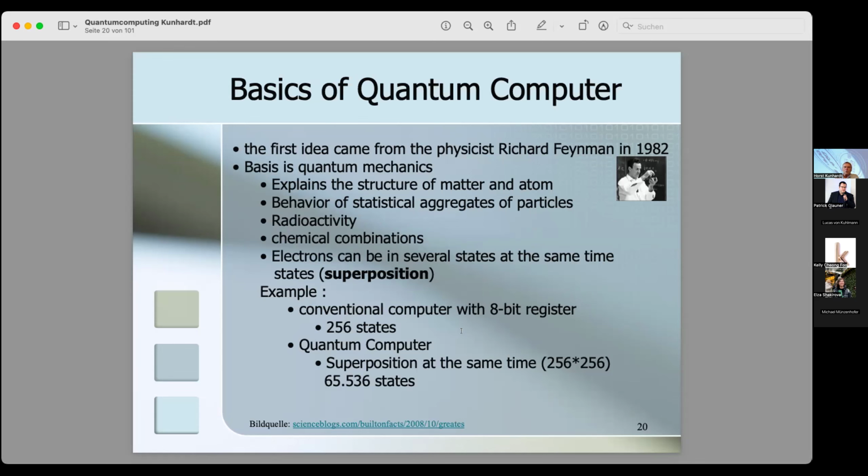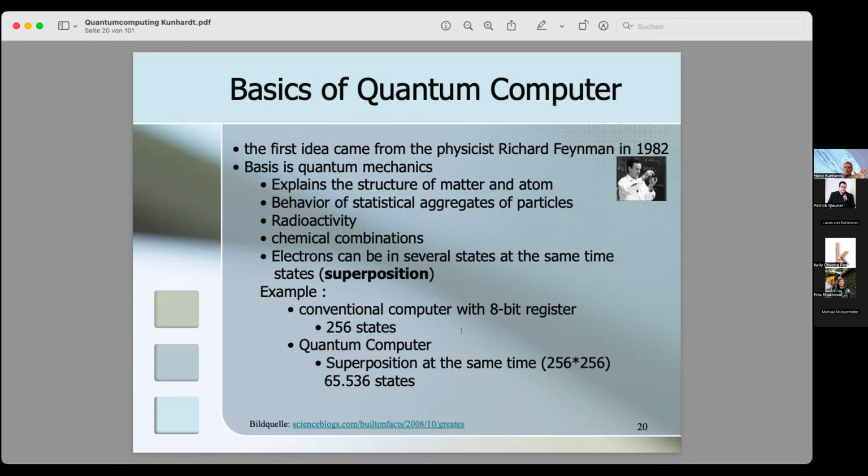He worked on radioactivity and chemical combinations, and found out that electrons can be in several states at the same time. It is called superposition. That means at that specific moment, only in the microscopic world, the microcosm, superposition exists. That means electrons have several states. So let's try to understand that.